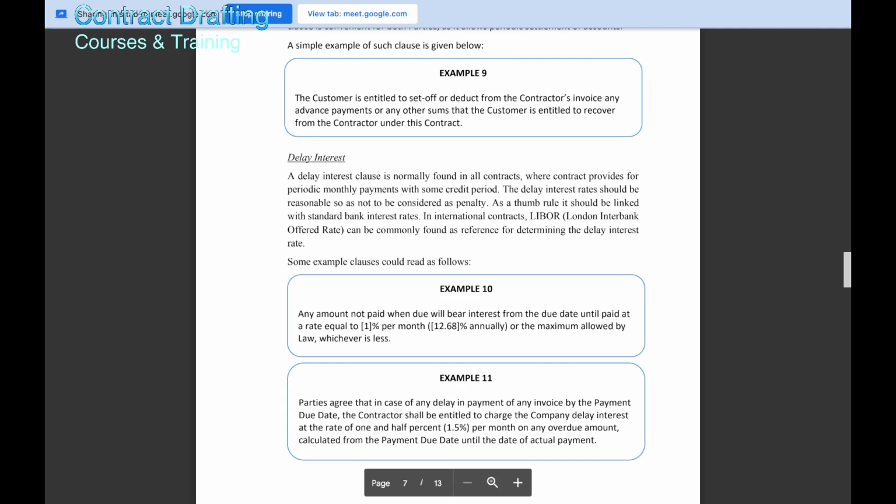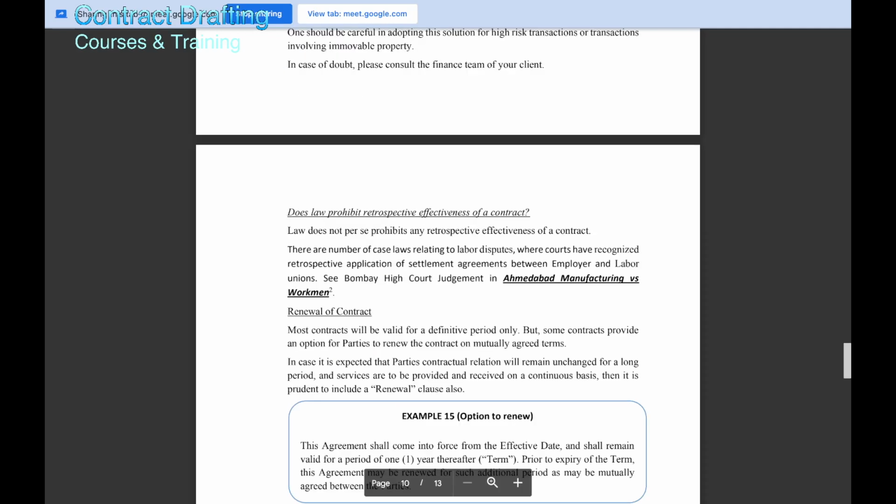And there can be a clause on termination. So there is some reading that you have to do in this lesson. I suggest you do that. It is a very common situation where retrospective application of agreement is valid or not, that comes into mind or is posed by the businesses.